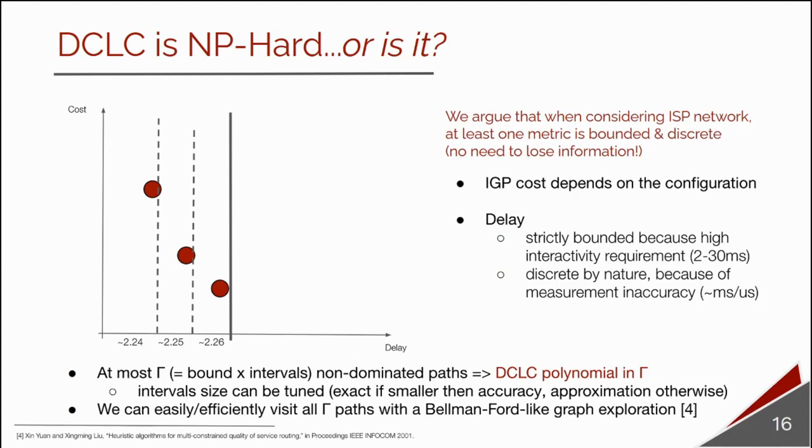And as I said, gamma will be the number of paths you have to deal with when dealing with DCLC in an ISP. Meaning that ultimately, DCLC is actually polynomial in gamma. You can, of course, tune the size of the intervals, right?